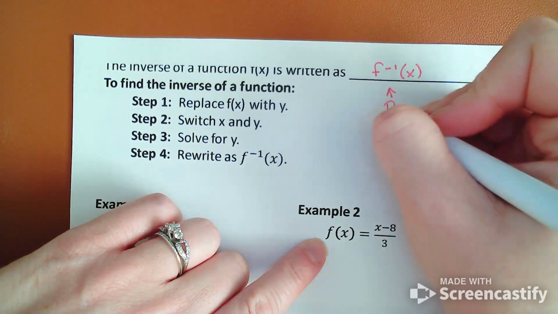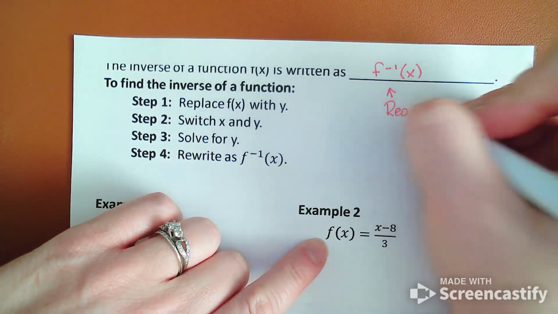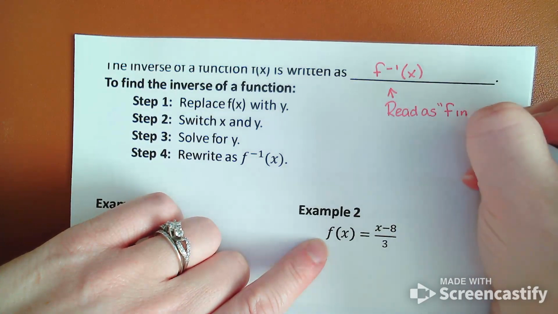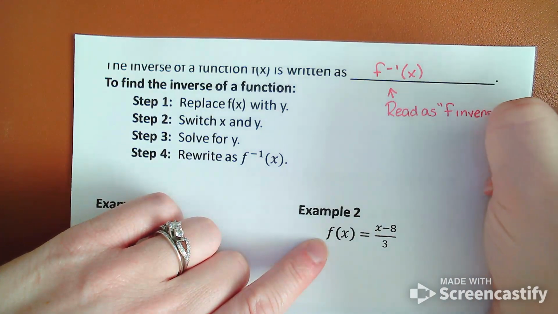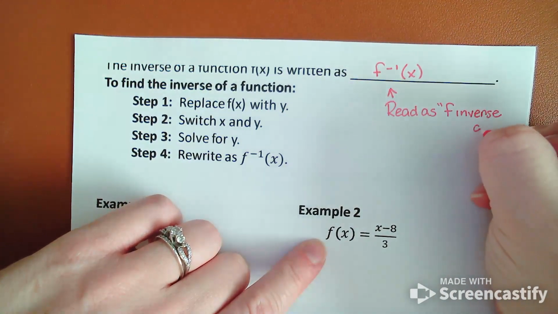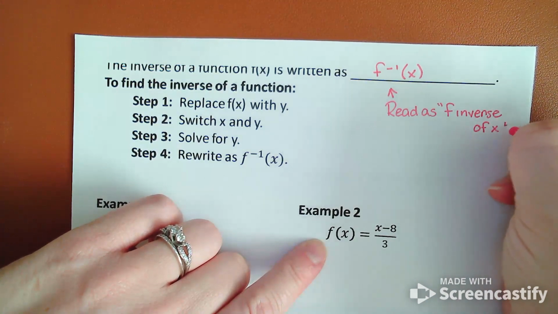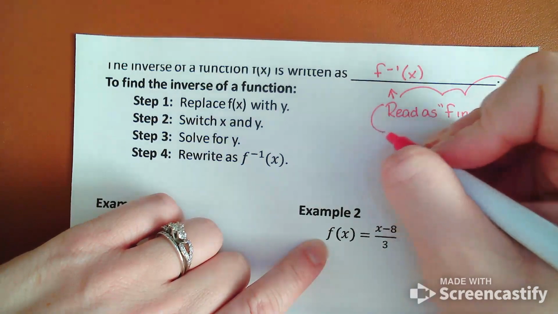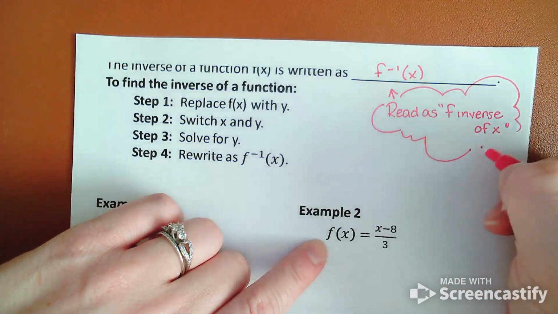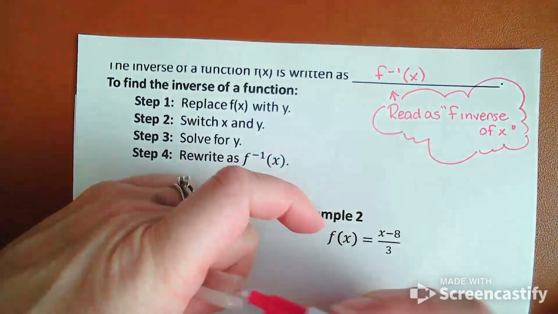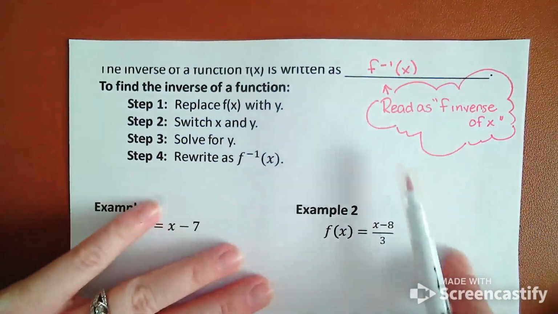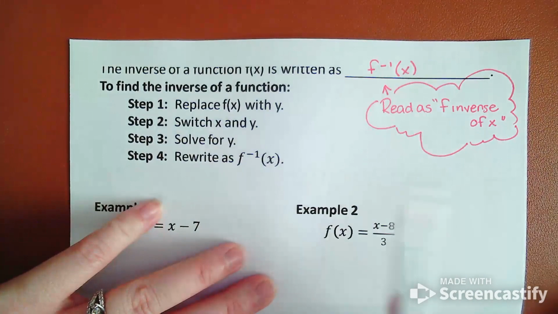That is read as f inverse of x. That's how you read that little statement there. I want you to be able to, just like we read in an English class, to read correctly mathematical statements like this one. So how do we find the inverse of a function?